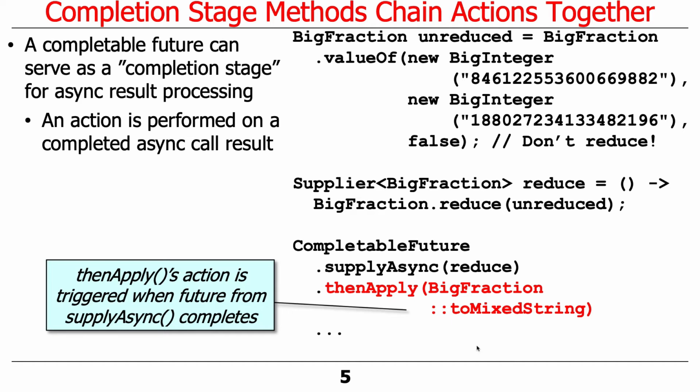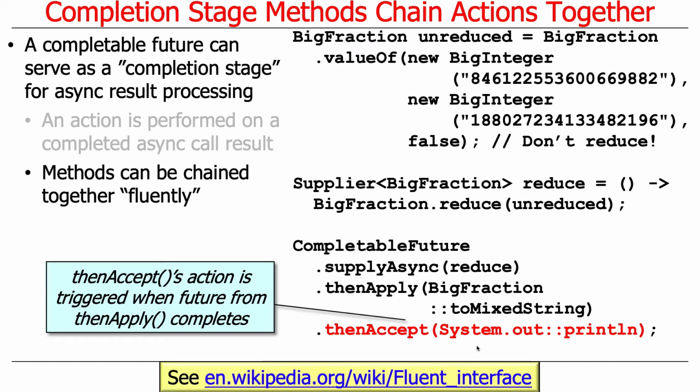So it takes an improper fraction and makes a mixed string out of it. But this action here only runs when this previous action completes. So that's what makes this a completion stage method. It completes only when the previous one is finished.